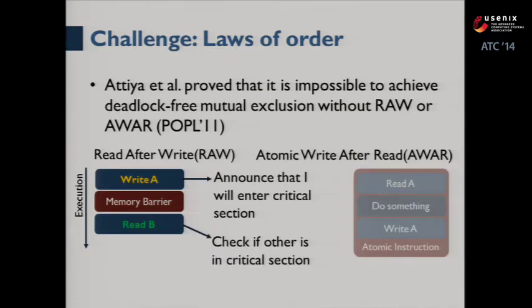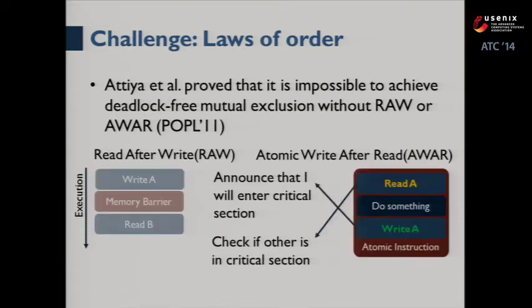First, announce that this thread will enter the critical section and allow others to see it, and then check if others are inside the critical section. Same thing happens with the atomic write after read. As it is an atomic instruction, you can first check if others are in the critical section, and then acquire the lock in an atomic operation.